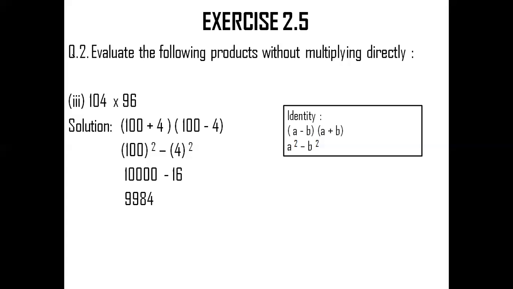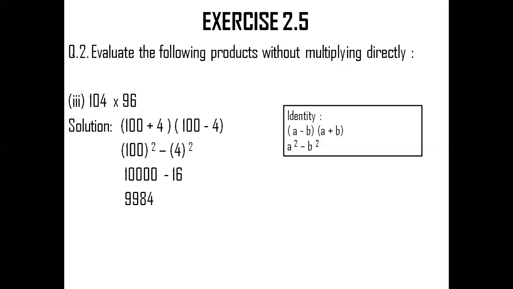So which identity shall come into play? Yes, (a minus b) into (a plus b), which is a square minus b square. All that you have to do is replace the value of a and b. So instead of a, I'll write 100. Instead of b, I'll write 4. And then solve it further.